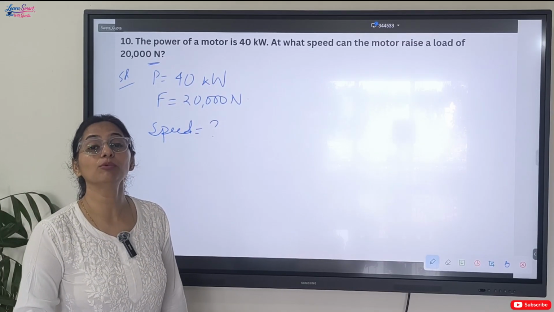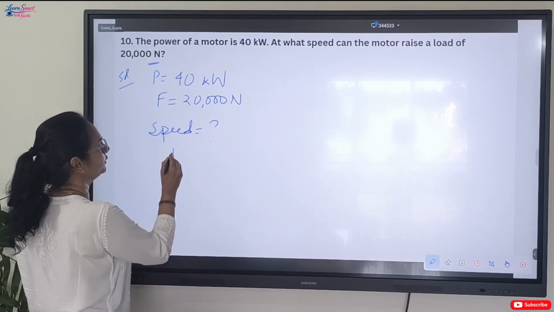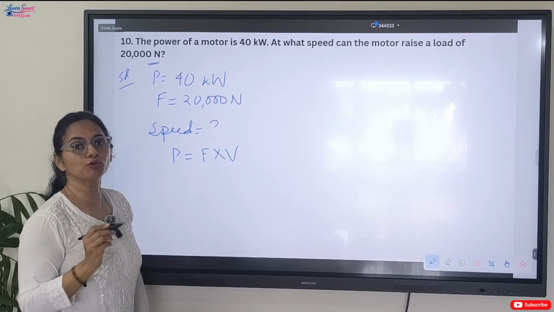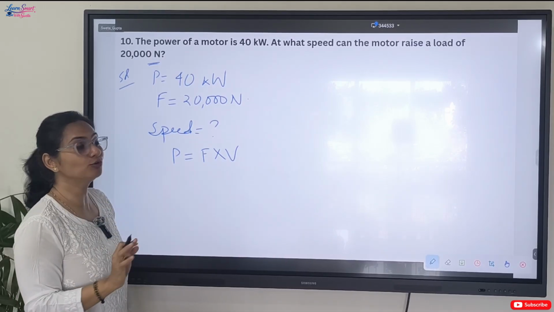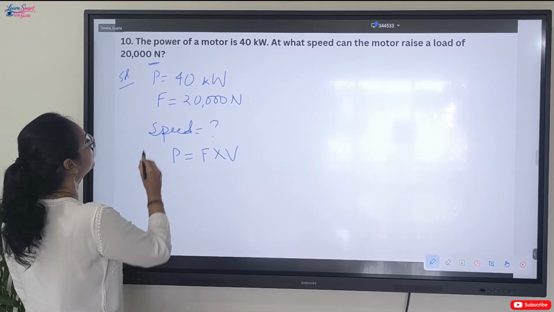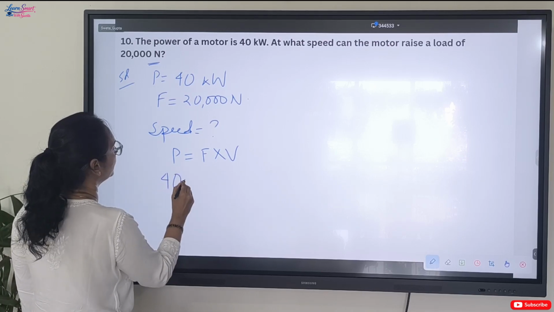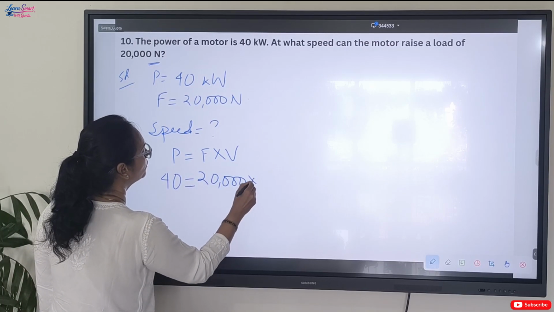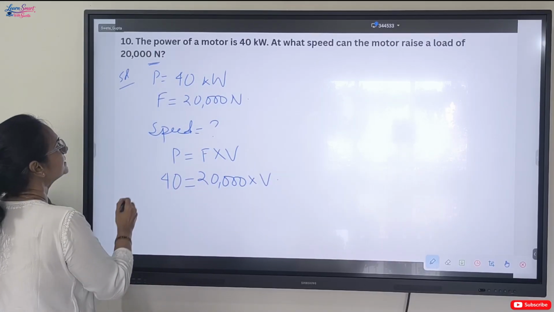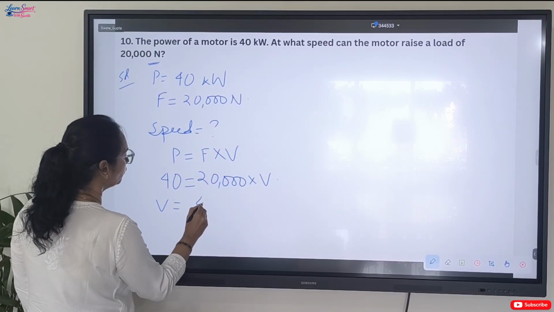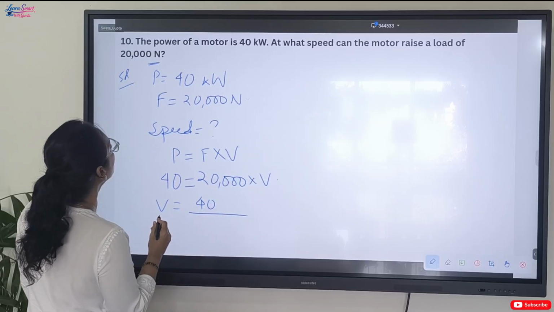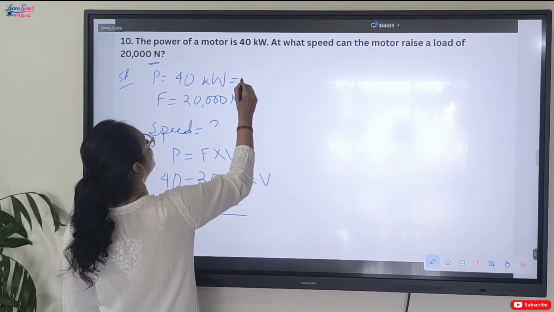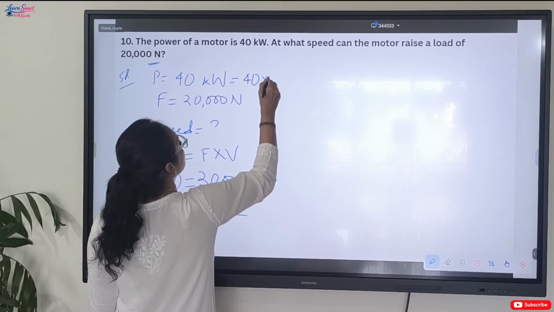So again we will use the formula P is equal to F into V, which means you have to remember this formula. You can't afford to forget it. P is equal to F into V and we can simply write 40 equals 20,000 into V. Let's get V. So V will be 40 upon, by the way this power is in kilowatt, let's convert it to watt, 40 into 1000.